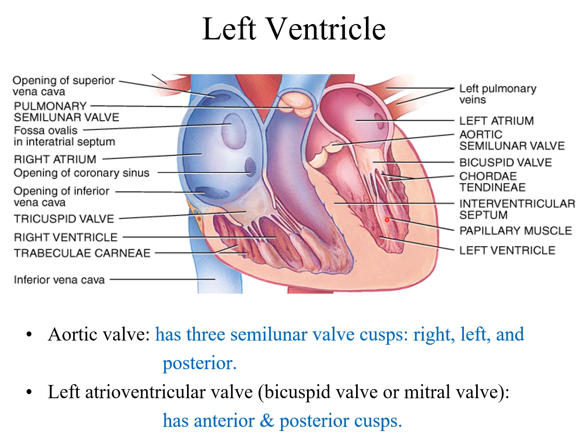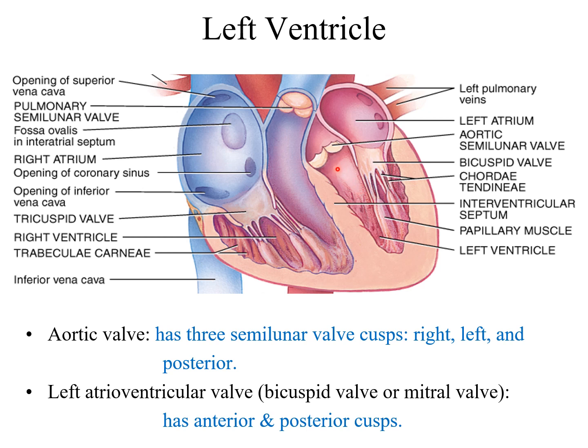That's why it also contains two groups of papillary muscles, anterior as well as posterior, and the cusps of the valve are connected to the papillary muscles with the chorda tendineae. The inner side of the left ventricle is also rough, and again the same trabeculae carneae are there.